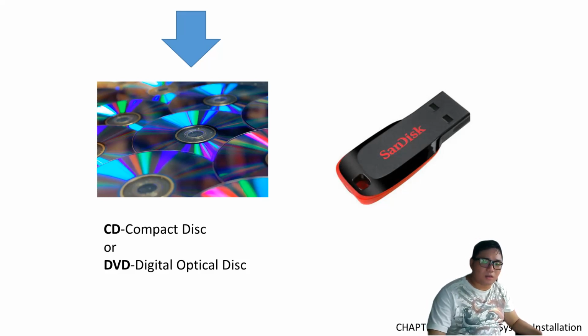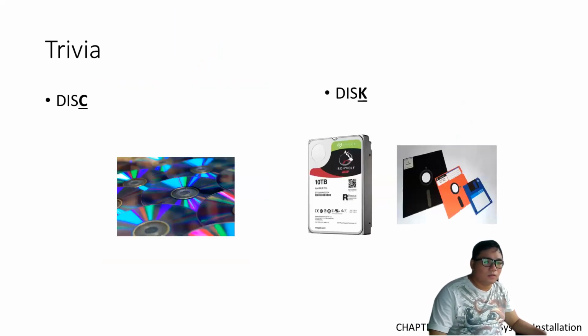USB is the universal serial bus, the one you plug in. We call it a thumb drive, and it can be bootable also. So we have the disk and the hard disk. Examples are the floppy disk, or diskette, and then the hard disk.